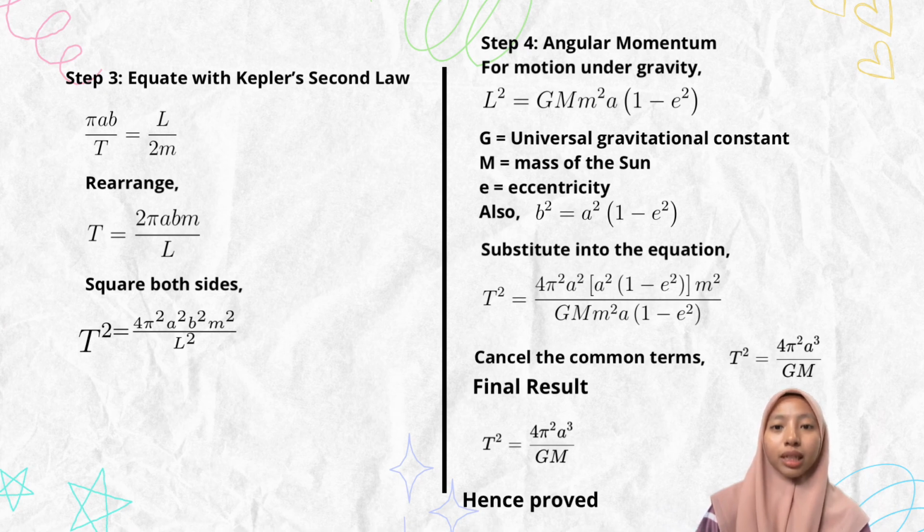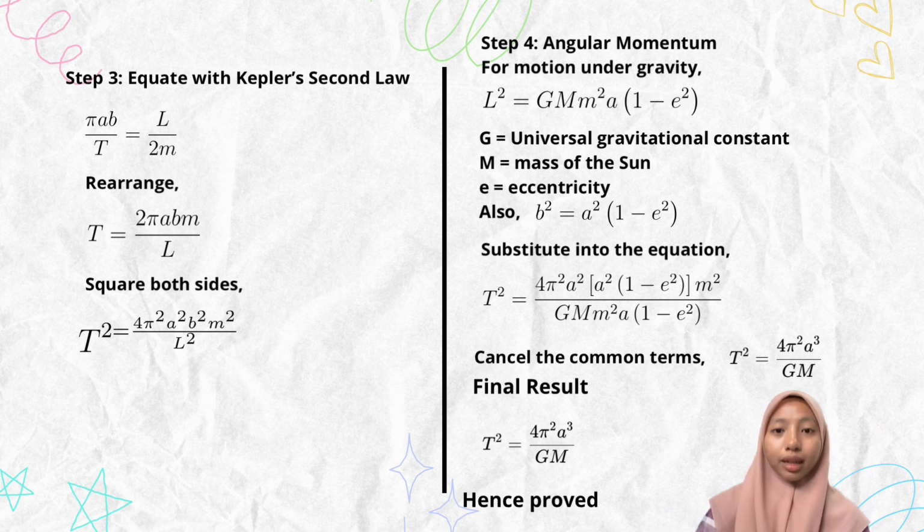By substituting the area of the ellipse into the equation, we obtain the expression T equals 2 pi a b m divided by L. Then, we square both sides and get the expression T squared equals 4 pi squared a squared b squared m squared divided by L squared.